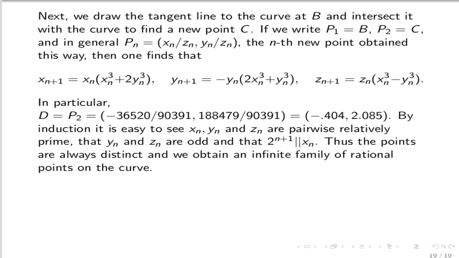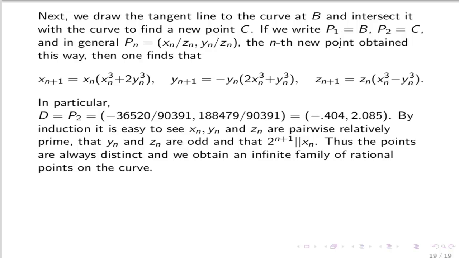And you can go on doing this, and what you'll discover is the following pattern. So let's write P1 for B, P2 for C, and for Pn, I'll write it in the form (xn over zn, yn over zn). So it's the nth point obtained by the tangent line method.